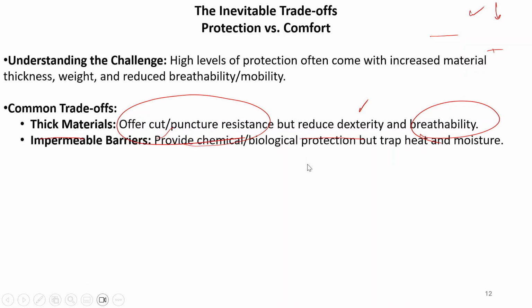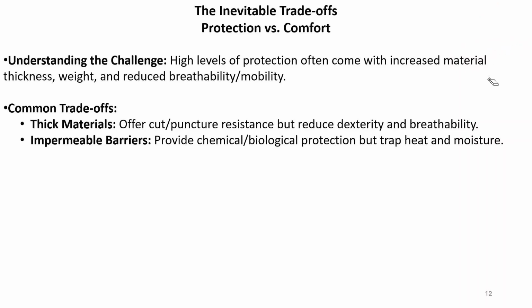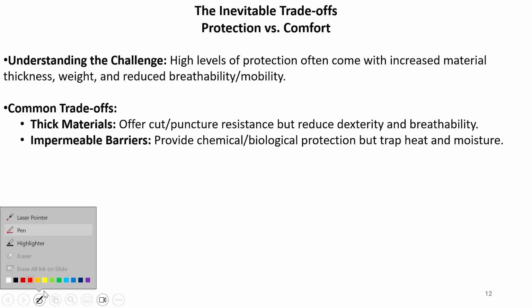After using thick material we are getting higher protection. Like impermeable barriers we can use for protective textile, for example for chemical and biological protection.